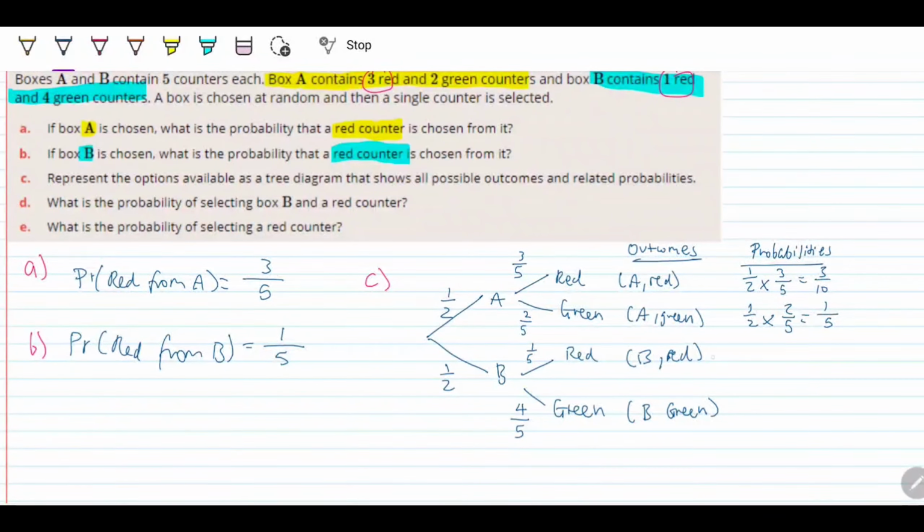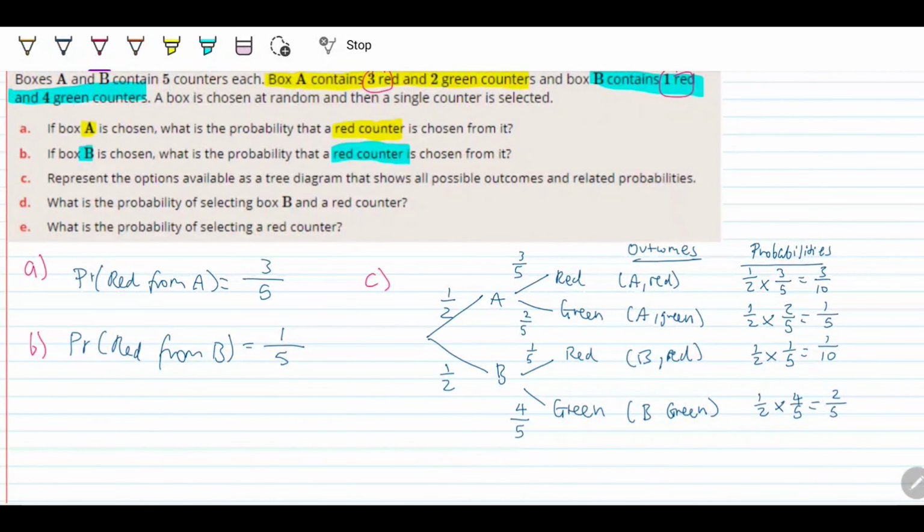The probability to get B in red will be half multiplied by 1 over 5, which will give me an answer of 1 over 10. And finally, to get the probability of B in green, this will be half multiplied by 4 on 5, which will give me an answer of 2 on 5, simplified.